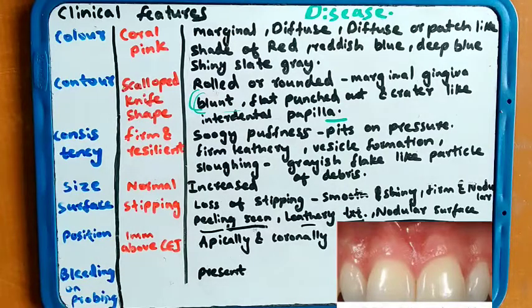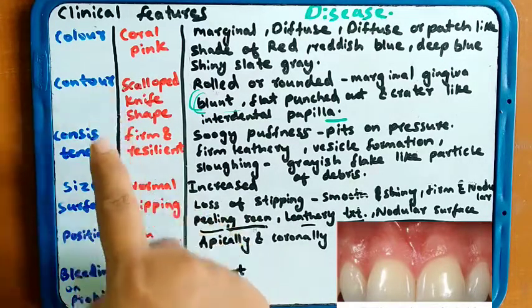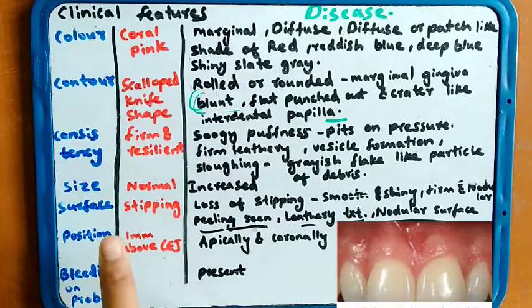Bleeding on probing: in healthy gingiva there is no bleeding on probing. In gingivitis there will be a presence of bleeding on probing. So these were the clinical features according to color, contour, consistency, size, surface, position and bleeding on probing.